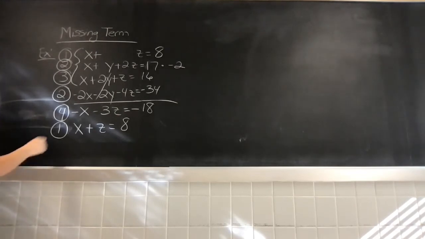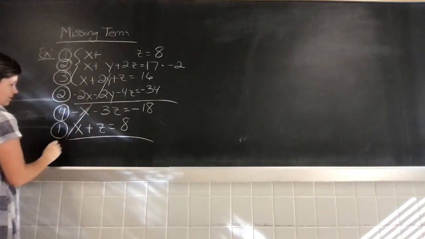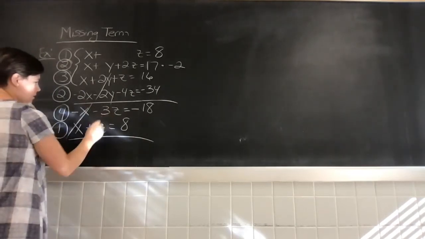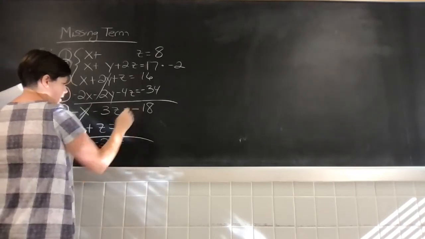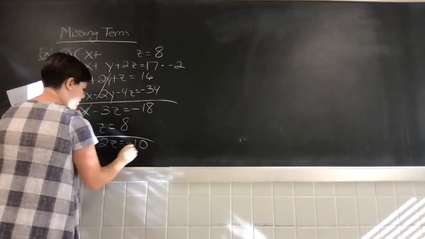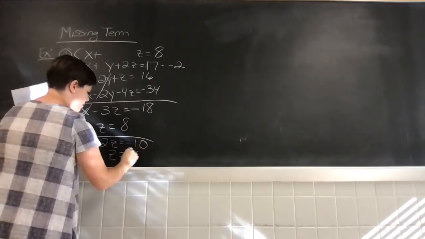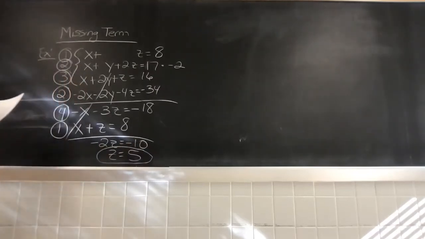Now here's the nice thing. This is already ready to simplify because I have a negative x and a positive x, so those will go away. Negative 3z plus z will be a minus 2z. Negative 18 plus 8 would be a negative 10. So I get z equals 5. I divided both sides by negative 2.